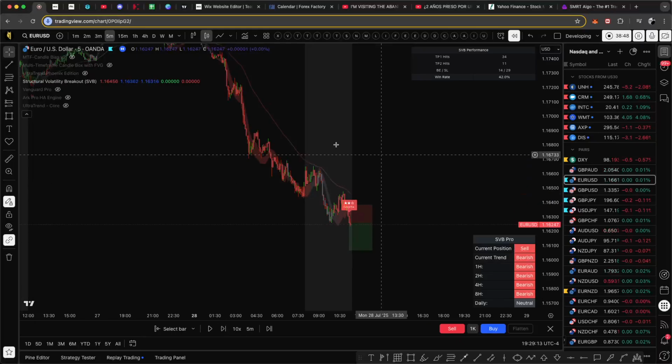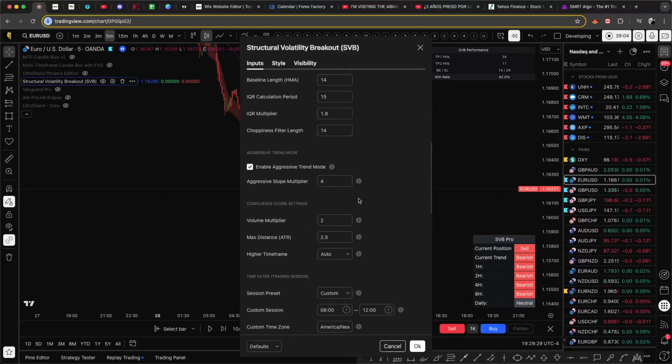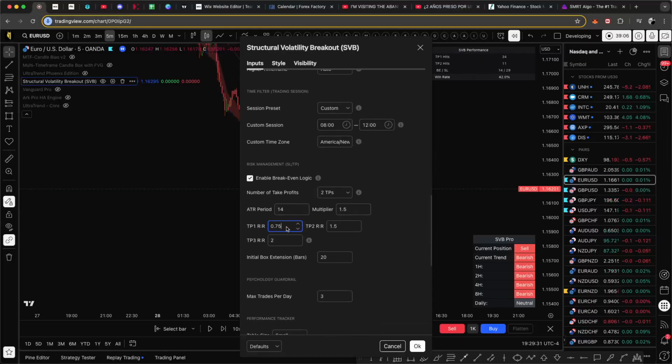Remember, you can set alerts, right? If you consider 1 to 1.5 is too short, you can increase to 1 to 2. But always remember, at least when you are at 1 to 1, hit. If you consider that 1 to 1.5 is too short, put it in 1, and then target 2.